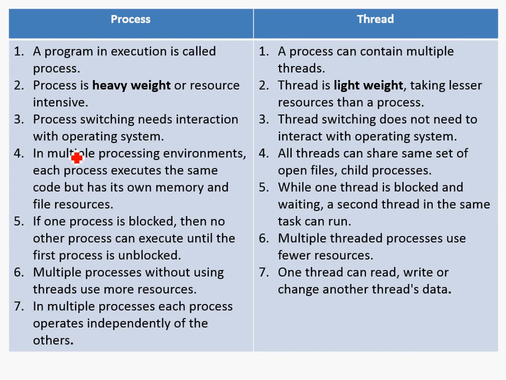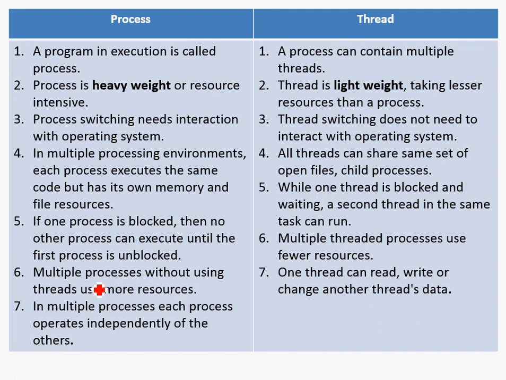Now the fifth difference is, if one process is blocked then no other process can execute until the first process is unblocked. But in thread it is the inverse. While one thread is blocked and waiting, a thread in the same task can run. Means in the same process, if a process has two threads and the first thread is blocked, then the second thread will execute at that time.